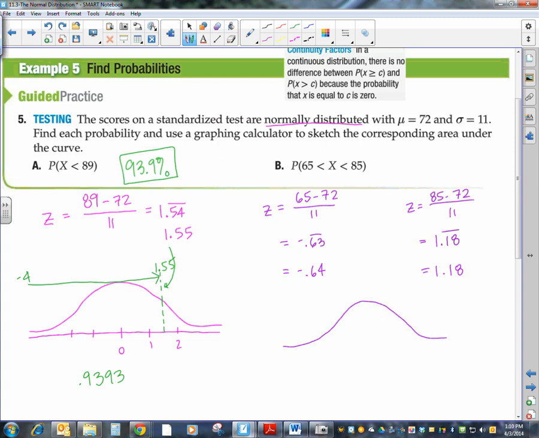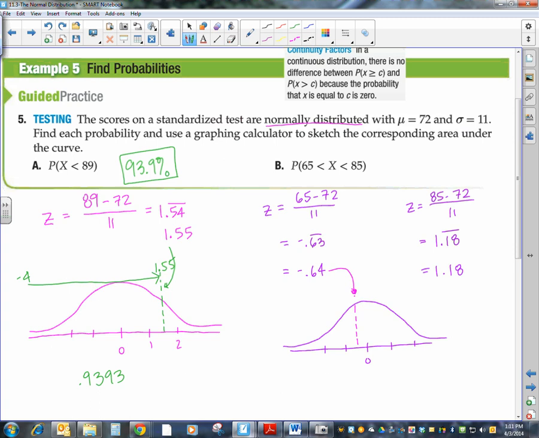Looking at our curve, remember those are my z values. Really bad looking curve that time. There's my 0, 1, 2, -1, -2. Negative 0.64 is going to be somewhere about halfway, so this is this point right here. No, that did not work. Let's try again. There we go, that's better.